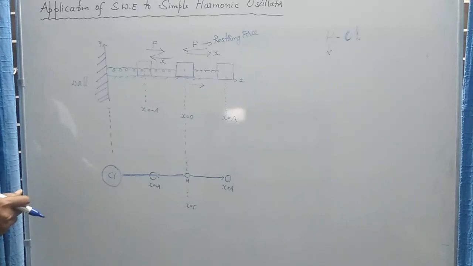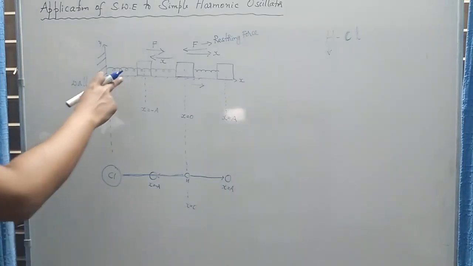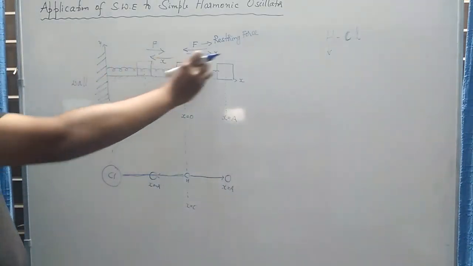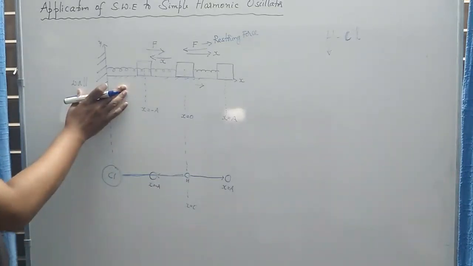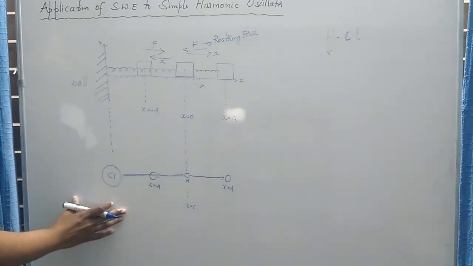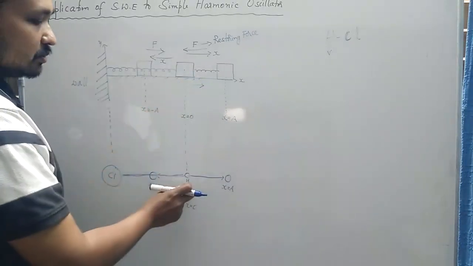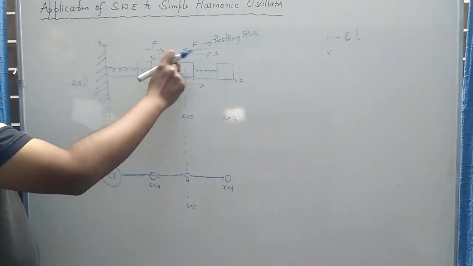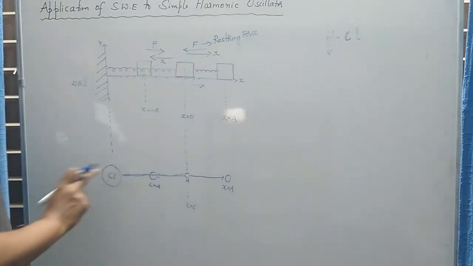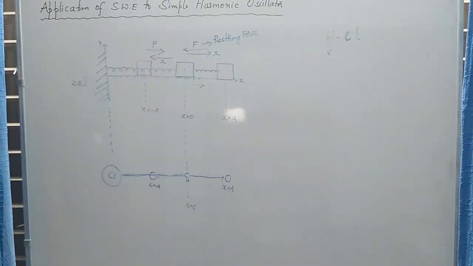So the vibration of an HCl molecule is similar to the simple harmonic oscillator model. The only thing is that here the wall is equivalent to the fixed chlorine atom, this object is similar to the hydrogen atom, and the spring in this problem is replaced by a chemical bond between hydrogen and chlorine.